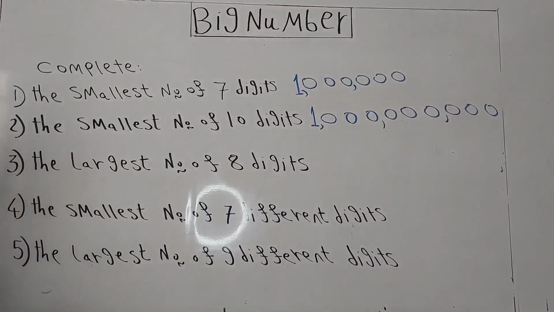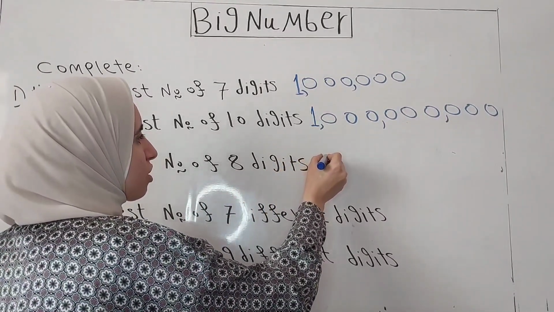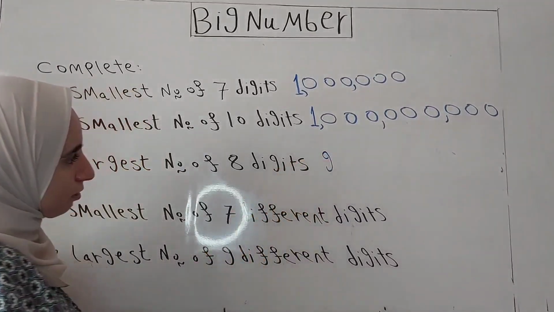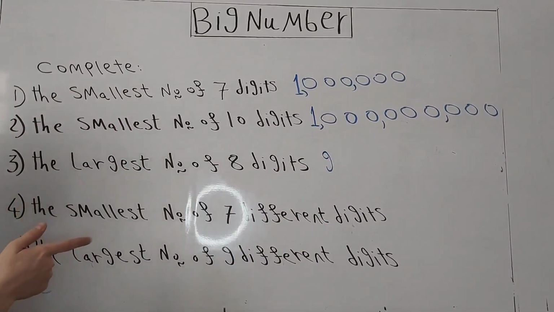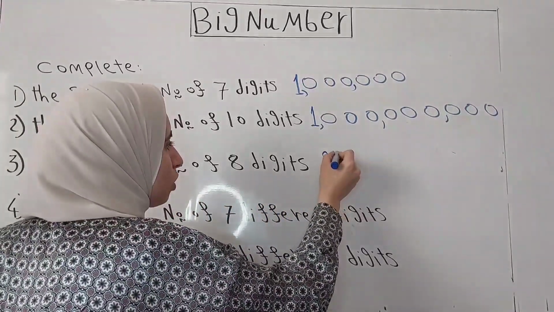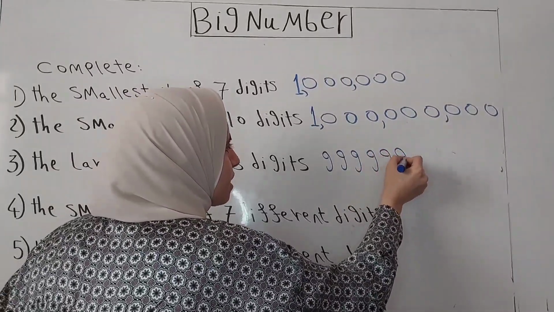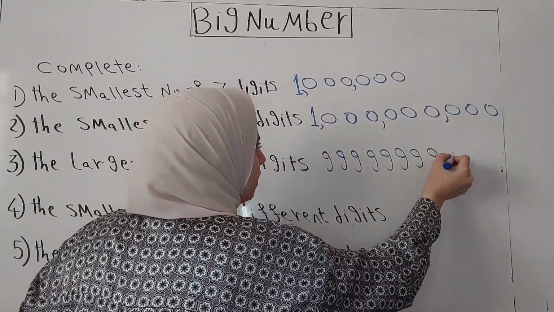The third one, the largest number of 8 digits. Which is the largest digit? The largest digit is 9. Then we repeat 9 eight times. Let's count with me: 1, 2, 3, 4, 5, 6, 7, 8.